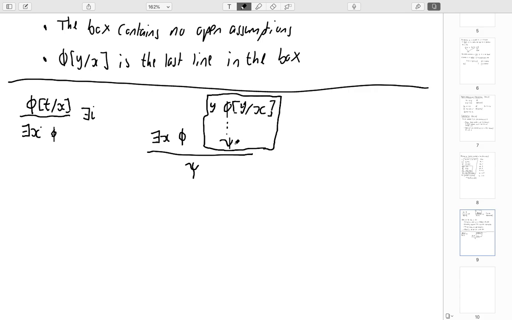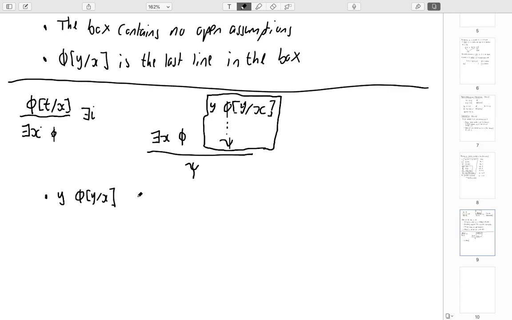And again, when we do that, we can draw a box around here, and we don't need to use the arbitrary value of y anymore. So again, we have rules for the box here. This is the formula phi with y substituted for x, and we're saying we're introducing the variable y as an arbitrary value into the proof.